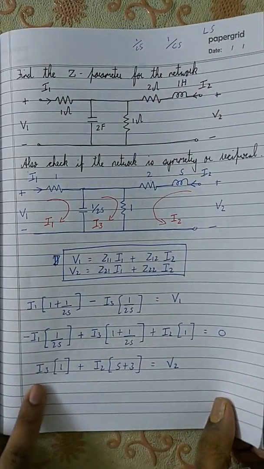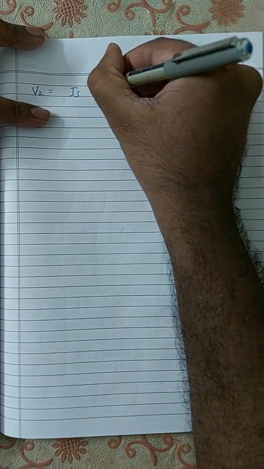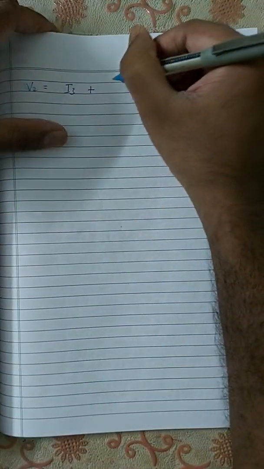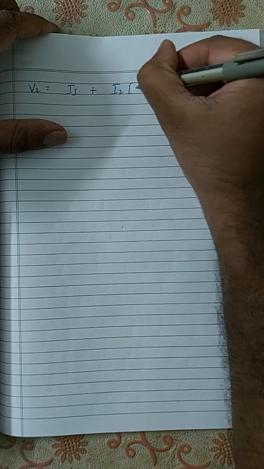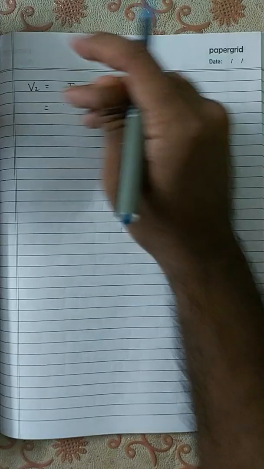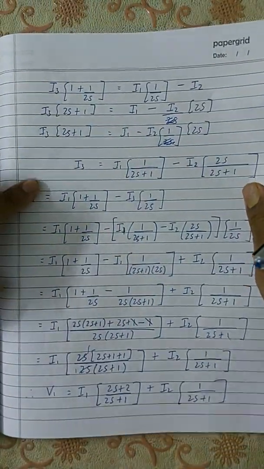For V2, the equation is I3 plus I2 into (s plus 3). We already know the equation for I3, we have already found it, that is this equation over here.